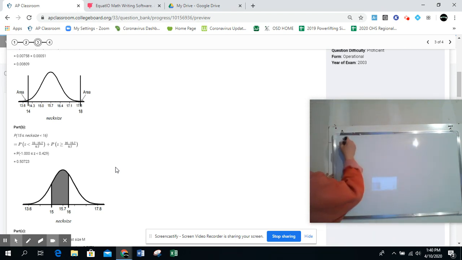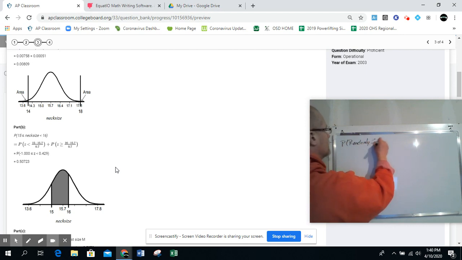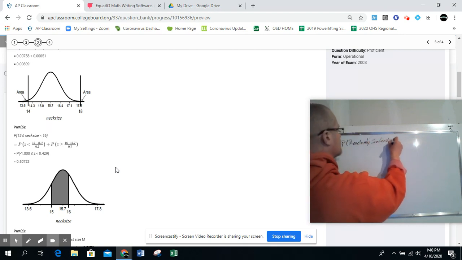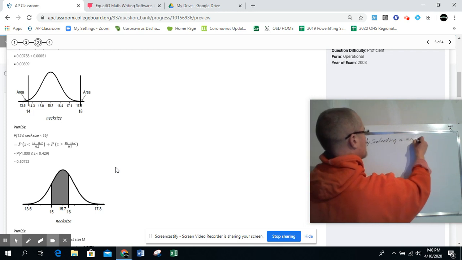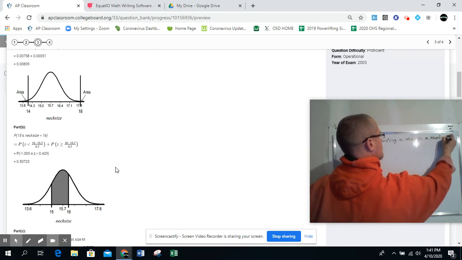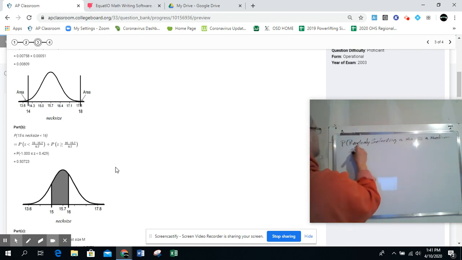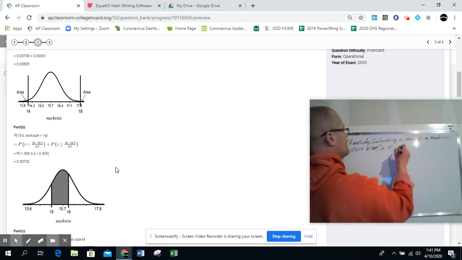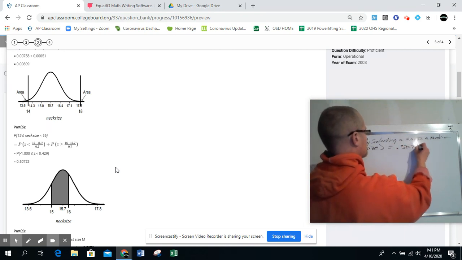So the probability of randomly selecting a man with a medium shirt size is equal to 0.5072.